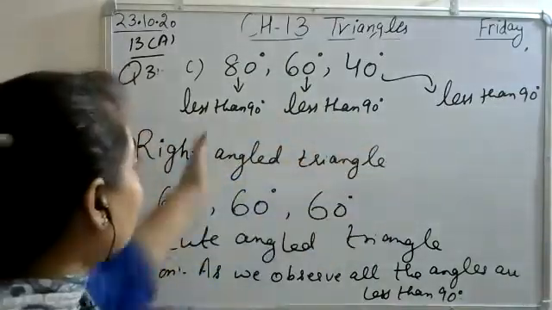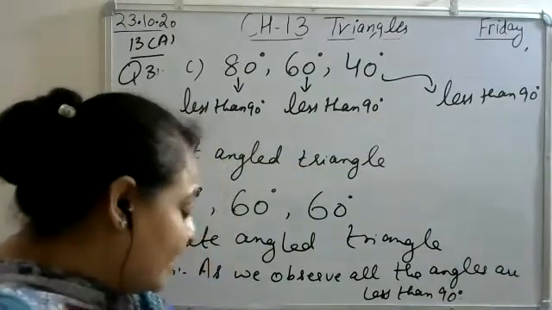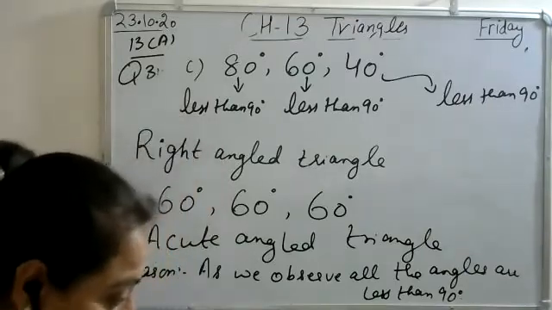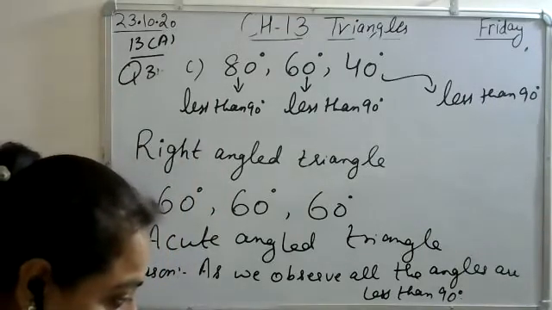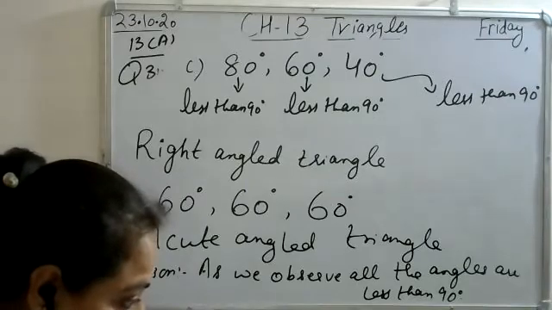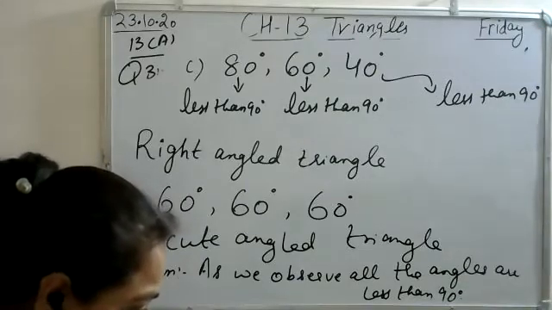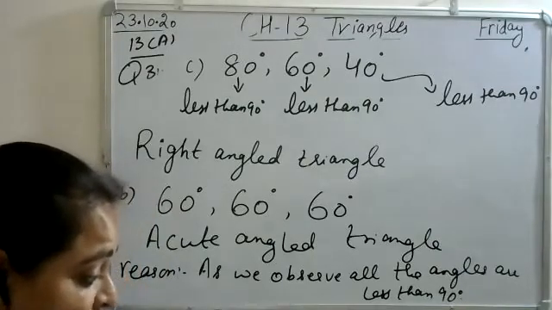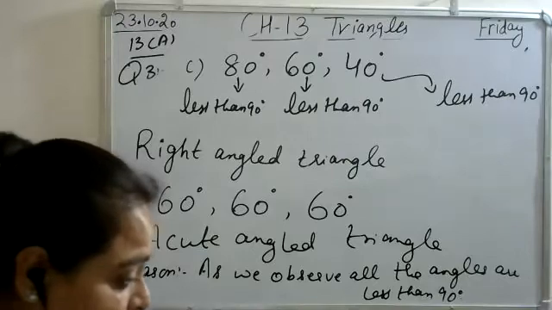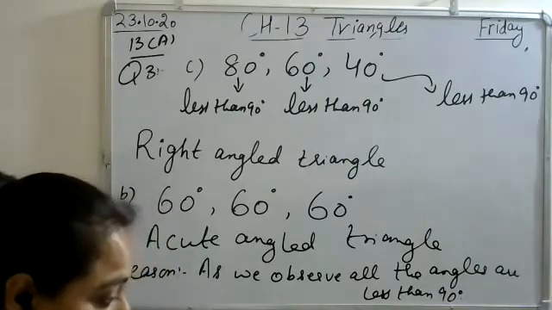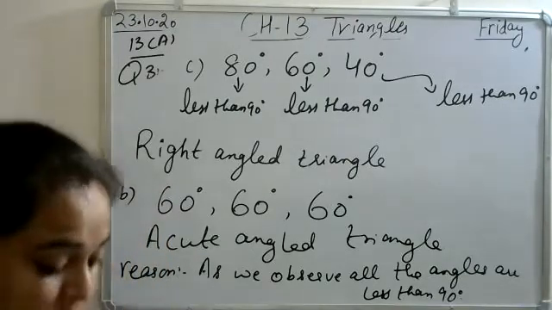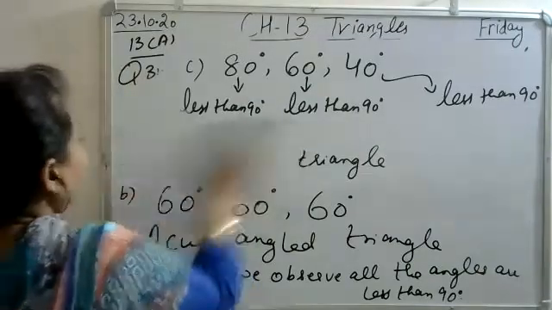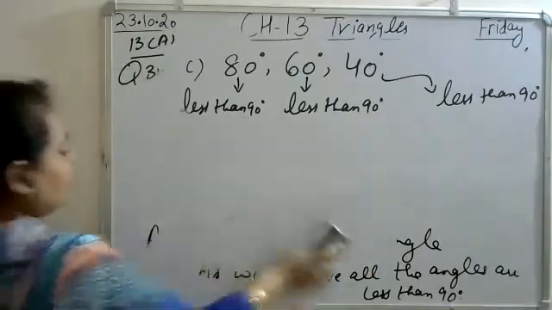It means acute angled. And one child is writing here straight angle. Radhika, which kind of angle is a straight angle? मैम मुझे लगा कि 180 है, so I say this.